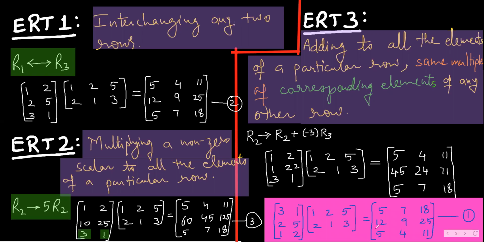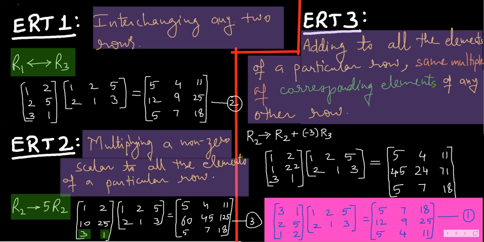Actually, this equation number 1 should have been here before ERT1, but due to lack of space, I'm writing it here. So it was this equation on which I applied ERT1.